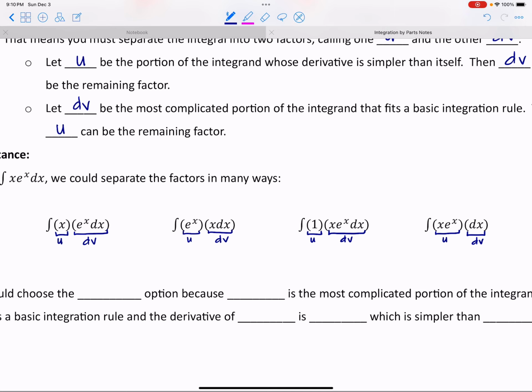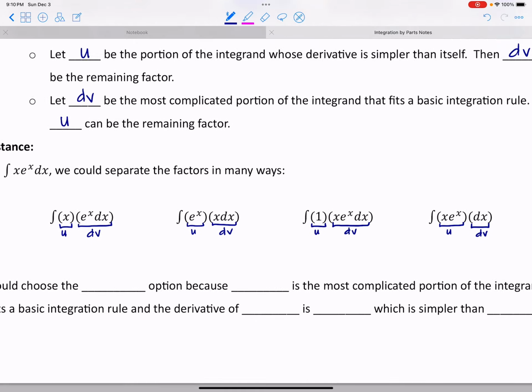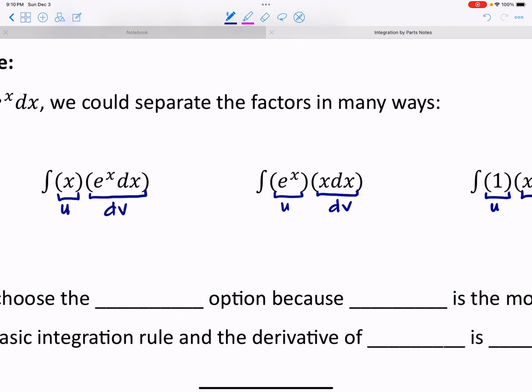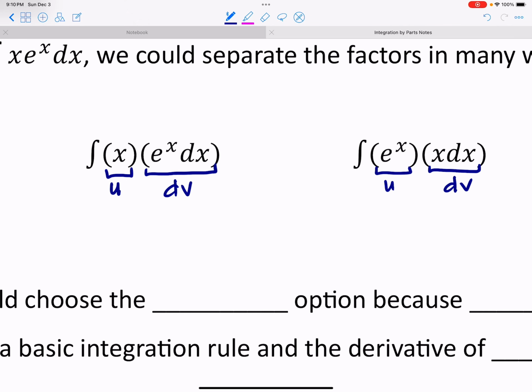So in this particular case, which one of these options we're going to choose, hopefully it will become clear. Let's look at this first option. If this is the one I want to go with, remember, two guidelines. I want u to be the portion whose derivative is simpler than itself. So if I took the derivative of u, the derivative for x would just be 1. That's definitely simpler than x.